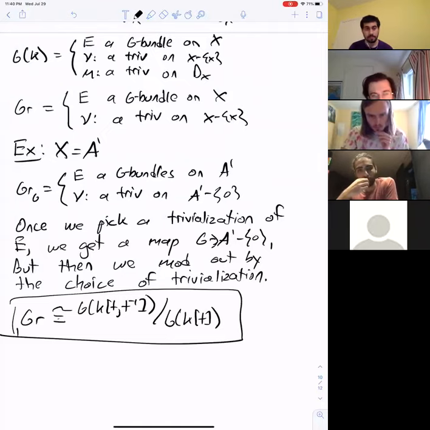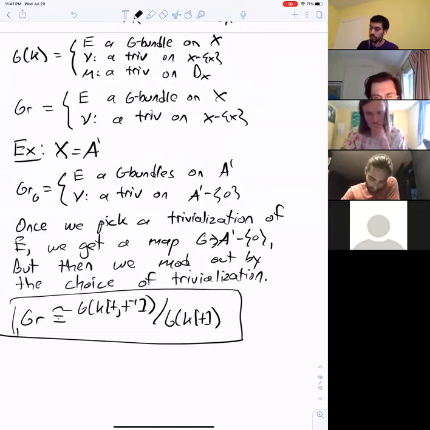What is this map G to A1 minus 0 that we get? It's similar to what we were doing before, but we already have a trivialization of the G bundle on A1 minus 0. Once we pick a trivialization of the whole G bundle, that'll give us a map from G to A1 minus 0.